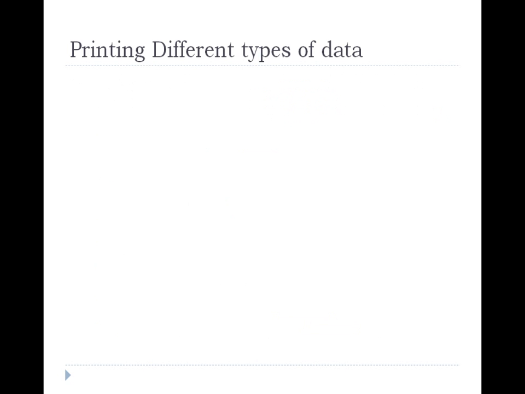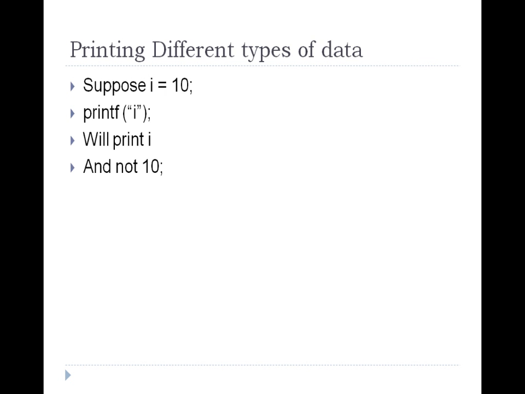Now let's move on to how we can print different types of data. Suppose i is equal to 10, and we use this statement printf i. Remember, in the last video we used the printf statement, and if we do this, what's going to be printed? i. The value 10 is not going to be printed.